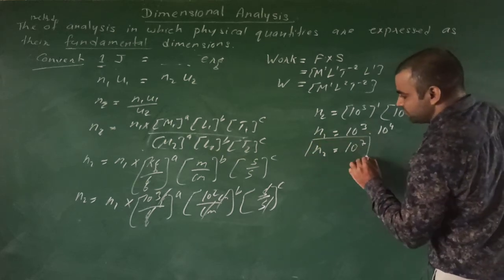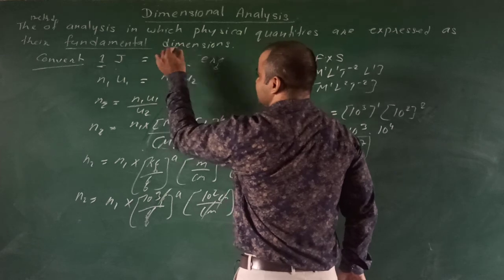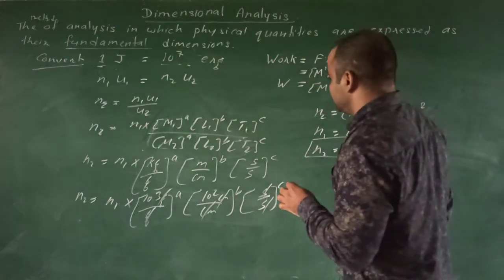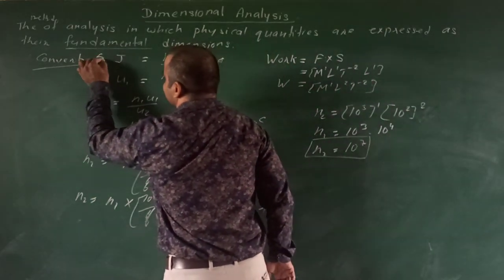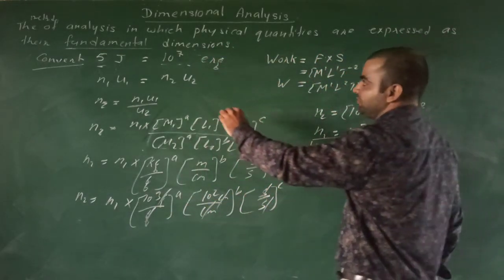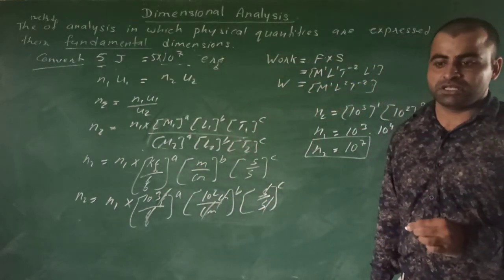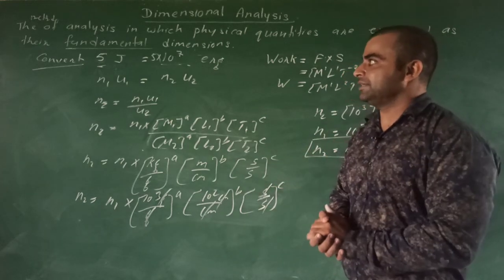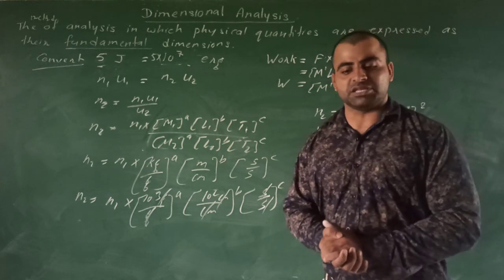This is the value of N2. It means 1 joule equals 10 raised to power 7 ergs. If I give you 5 joules to convert into ergs, then it will be 5 into 10 raised to power 7 ergs. By using this, you can find out any units. You can convert one unit into another system of units.